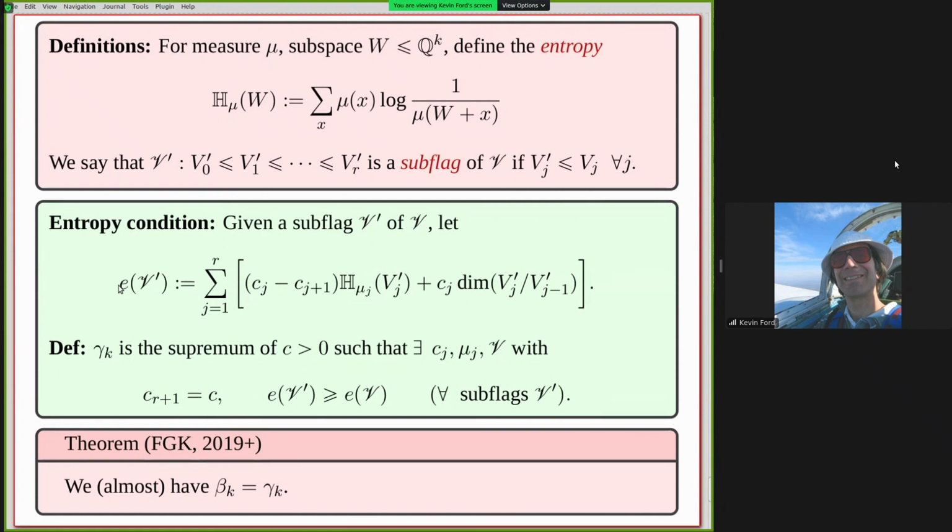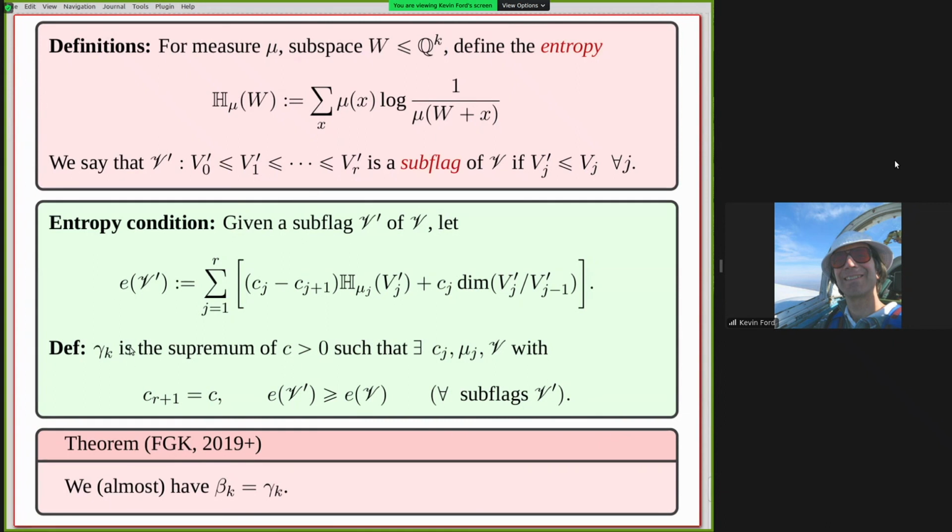And now, again, this is a very technical condition. There's a certain expression, which is a function of the subflag and a function of these thresholds, Cj. Okay.